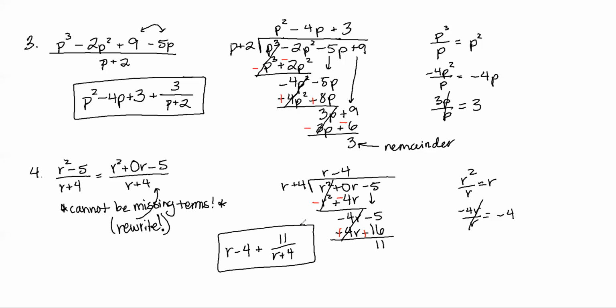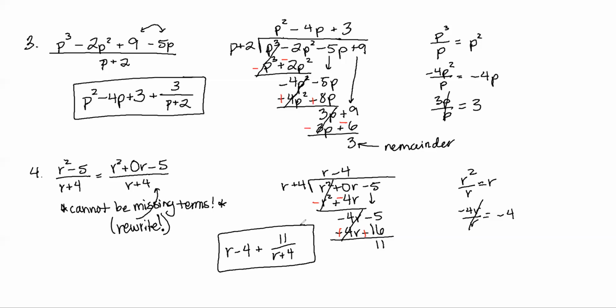All right. Let's do one last example, and this one joins together everything we've been talking about. This is number 5. This one's longer, and it's going to include some missing terms, some rearranging.